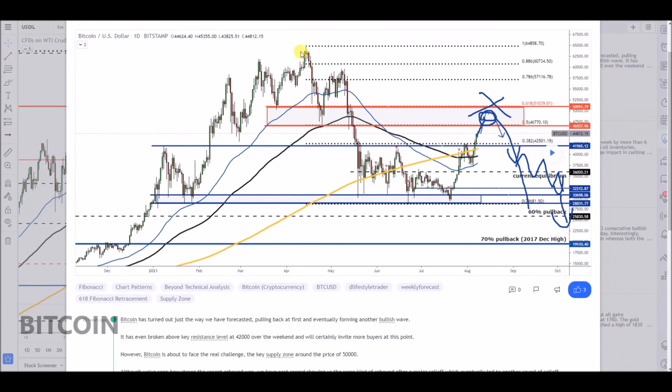And technically speaking, Bitcoin has completed this Elliott wave. Price is now pulling back upwards, and this obviously is a very important supply zone. If we look all the way back to history, I forgot which year, maybe a couple of years ago, maybe 2018 or so, something very similar is happening right now as compared to the past.